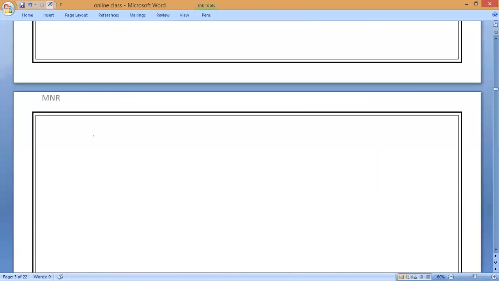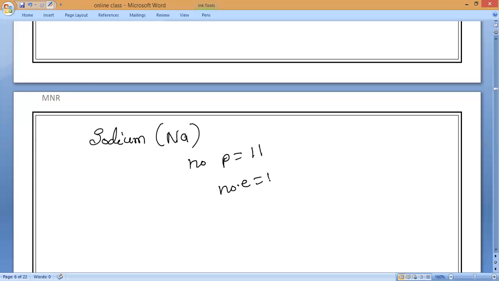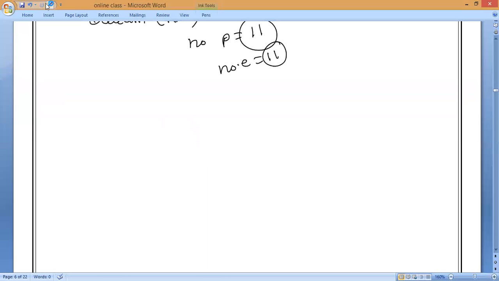For example, if we take sodium, what is the symbol? Na. The number of protons is how many? 11. The number of electrons is also 11. So that is an atom. First of all, I want to tell you what an atom is.